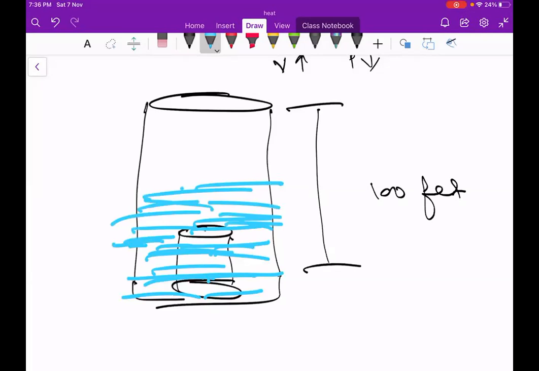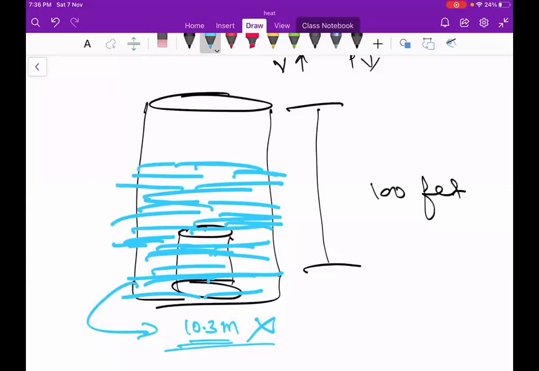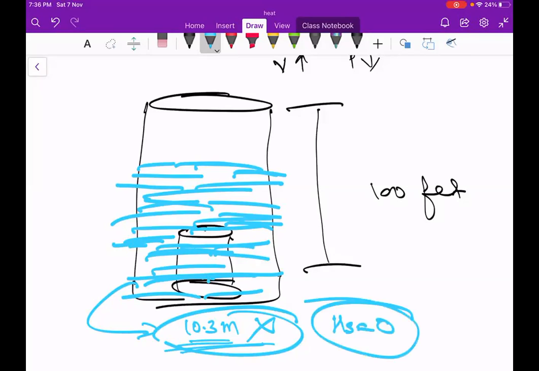As it is deep inside the water, automatically there is no limitation of 10.3 meter. The limitation is removed, because now HS is zero. You don't have to worry about that thing.